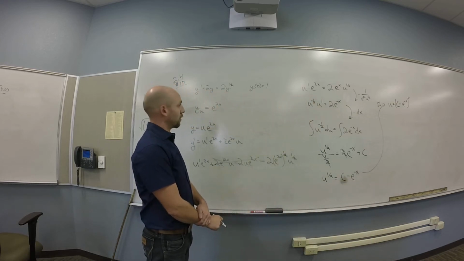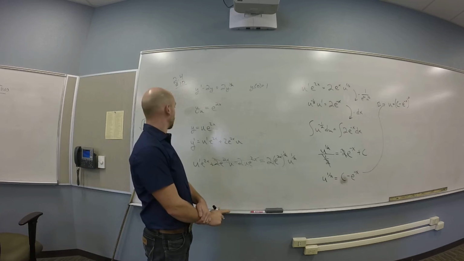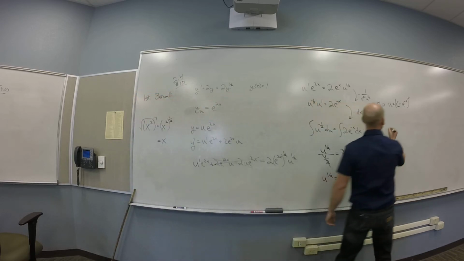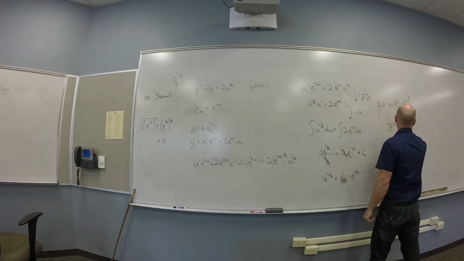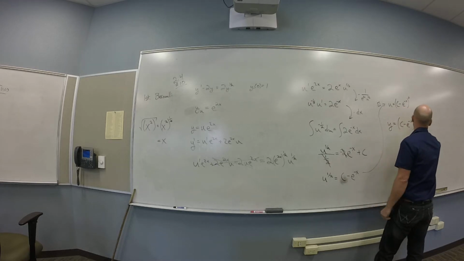Okay. And then take that back and trot it in for y, right? So y then ought to be u, so I got c minus e to the minus x squared times e to the 2x.